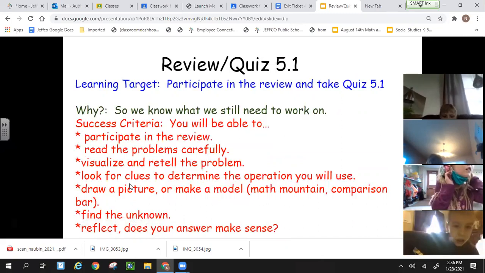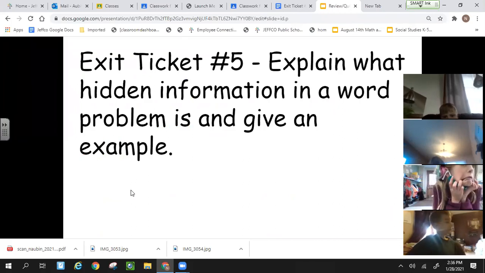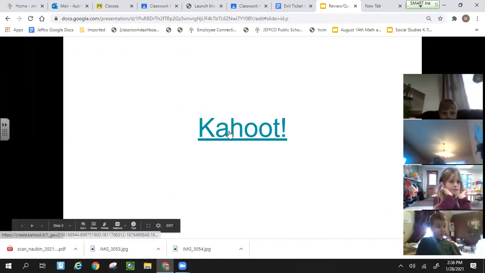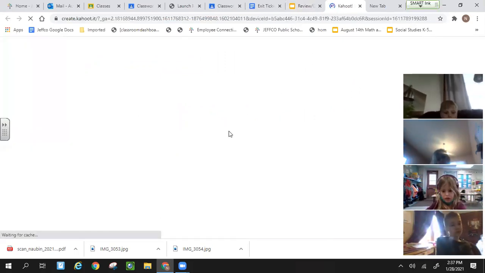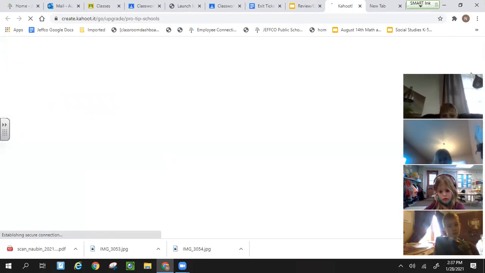If you want to use a math mountain or comparison bar, whatever is good for you. You're going to find the unknown and you are going to reflect. But first, we're going to warm up our brains. I'm going to start a quick Kahoot. You are going to write what you think your answer is and hold it up.